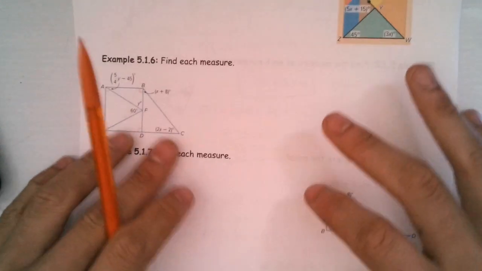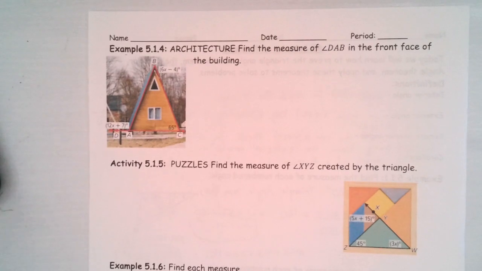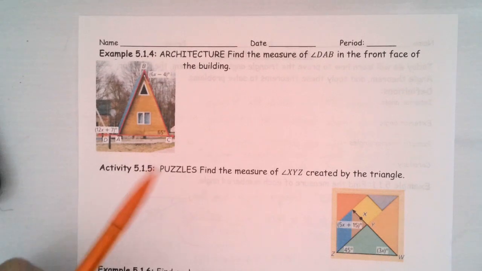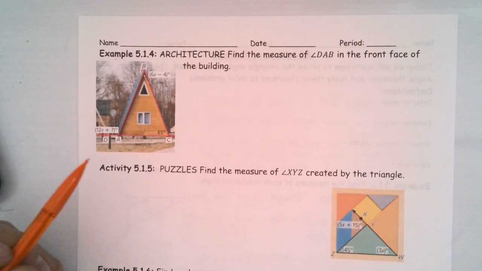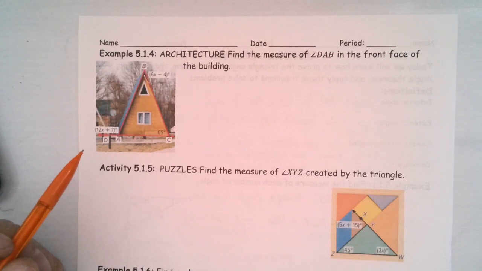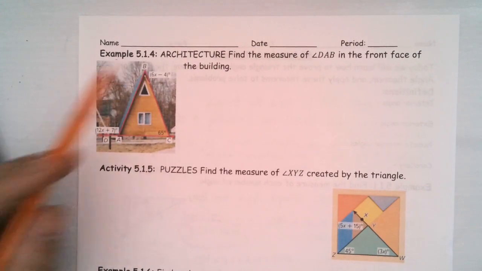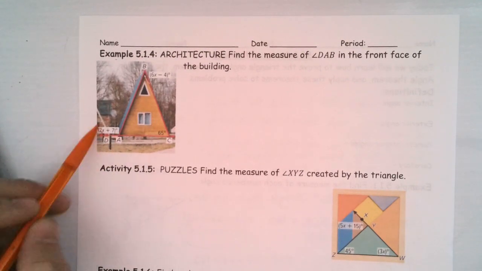Let's flip this over now. This problem is dealing with architecture, and it says, find the measure of angle DAB in the front face of the building. The measure of angle DAB. So we want this exterior angle. But what do I know about this exterior angle?